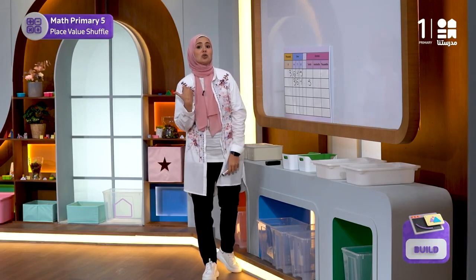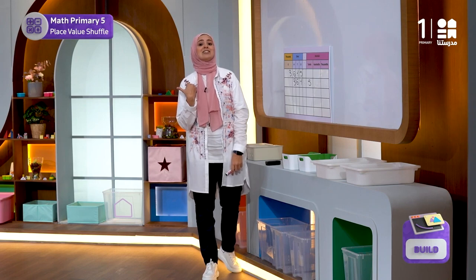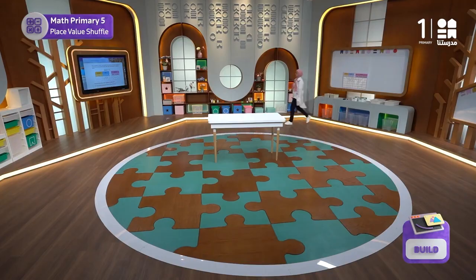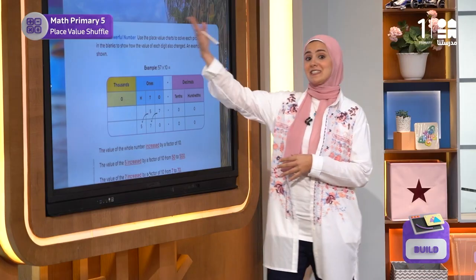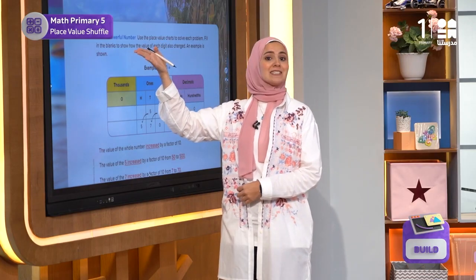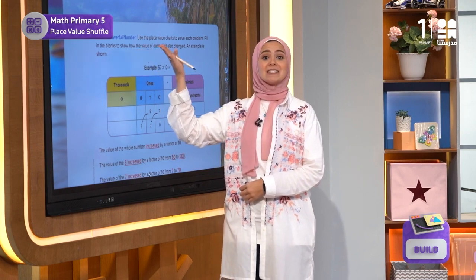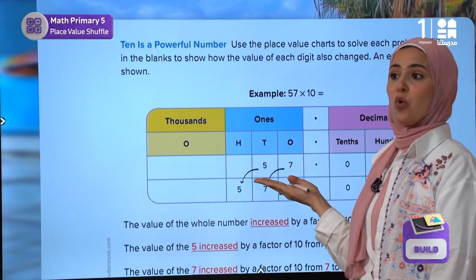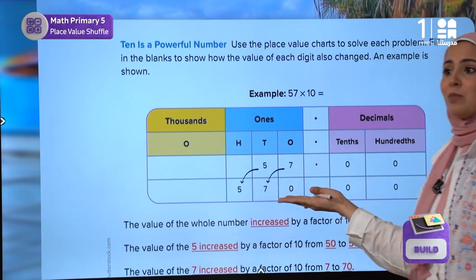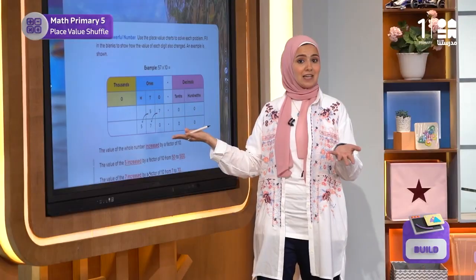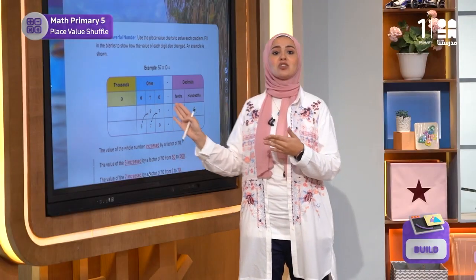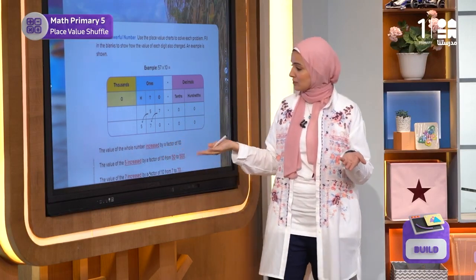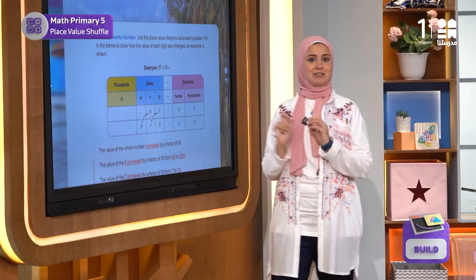Now, let's go to our math books and see the answered example. The number 57 here, as shown, is distributed in the chart. 7 in the 1s, 5 in the 10s. When the digit of the number is multiplied by 10, then we move 1 place to the left and the number becomes 570.